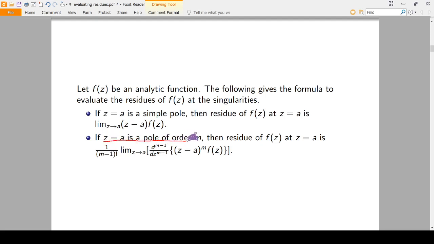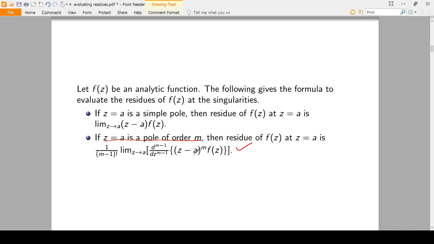If it is a pole of order m, that is z is equal to a gets repeated m times, then the residue is calculated using the formula 1 by factorial m minus 1, limit z tending to a, d power m minus 1 by dz power m minus 1 of z minus a whole power m into f of z.